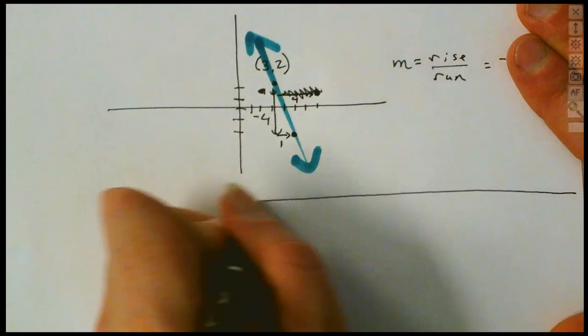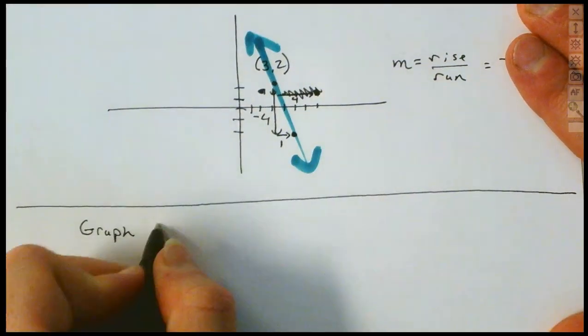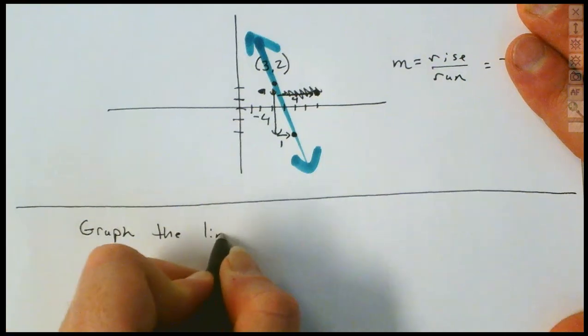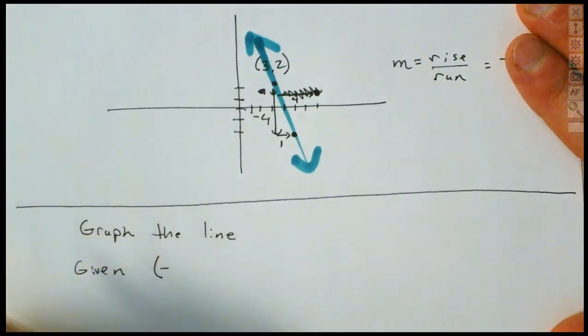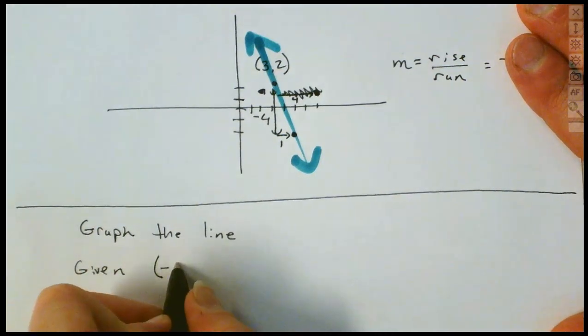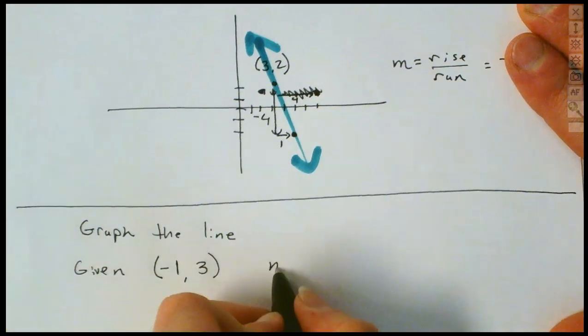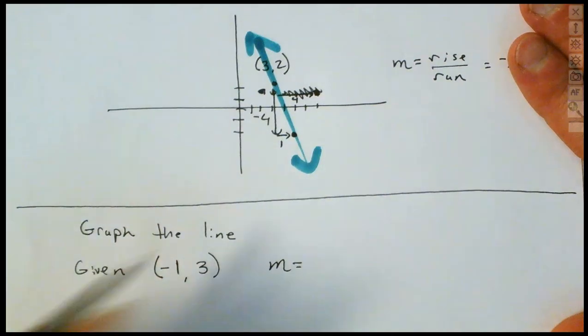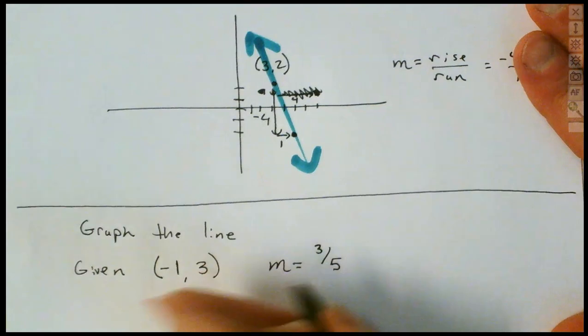Try another one. Again, we're going to graph this line. I'm going to give you an ordered pair. So let's say you're given the ordered pair -1, +3. And let's say we have a slope of +3/5.